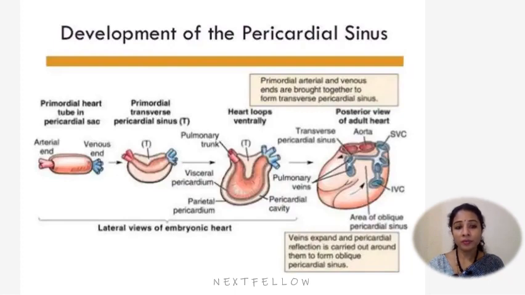Initially the heart tube is ventral to the pericardial cavity; later it forms the roof of the pericardial cavity and gets folded into it. You can see it bulges into it and gets looped, the cardiac loop, forming a complete heart. So this is all about the development of the pericardial cavity and the development of the pericardium.